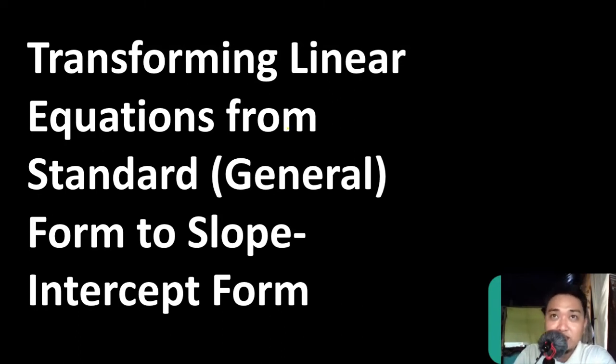Isa kasi sa mga paraan para makuha yung slope nung isang linear equation is kailangan tingnan natin kung ano yung magiging slope intercept niya, because yung slope intercept niya nandoon yung value ni m.